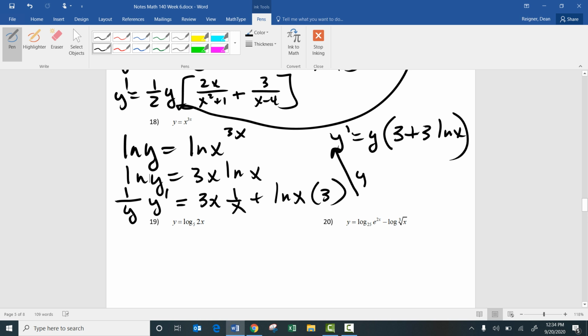So here on the test, like I said, y is x to the 3x, and then 3 plus 3 ln of x. And you're done. Okay? So you want to make sure you fill in what y is after you solve for y prime. Okay? All right. So that's probably the hardest part of the lesson is logarithmic differentiation.